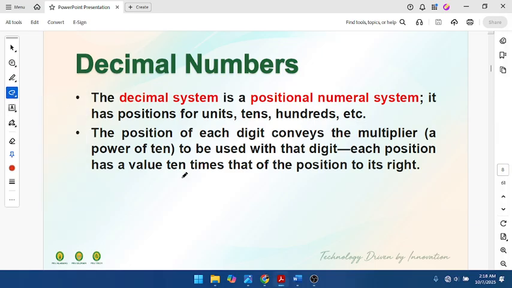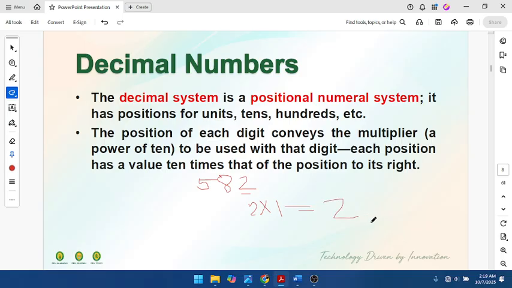So let's have the example of 582. The 2 here is the first position, the unit place of base 10, so its value is 2 times 1, which equals 2.